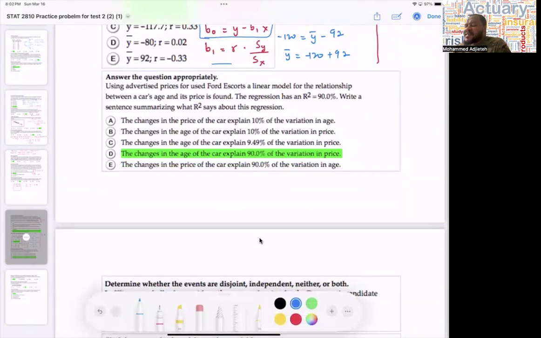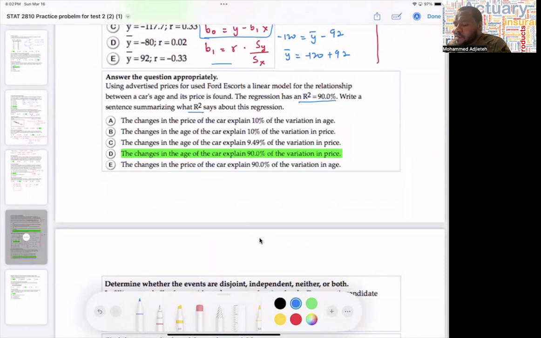So this question is just asking you to explain what r squared is. Remember, r squared is 90%. So what is r squared? It is the variation in y that is explained by the explanatory variable, or x. All we have to find is what our response variable and our explanatory variable are.